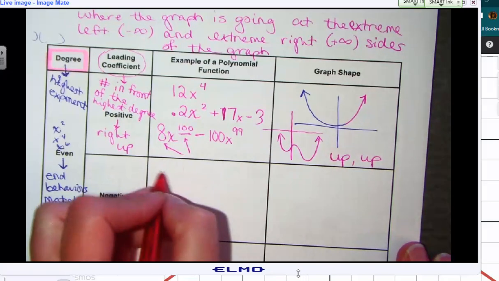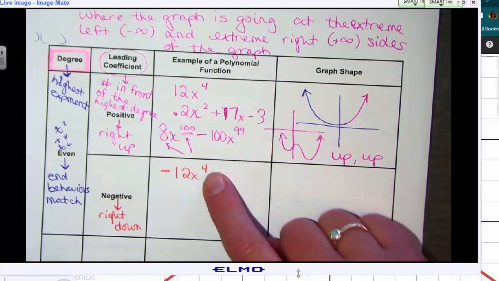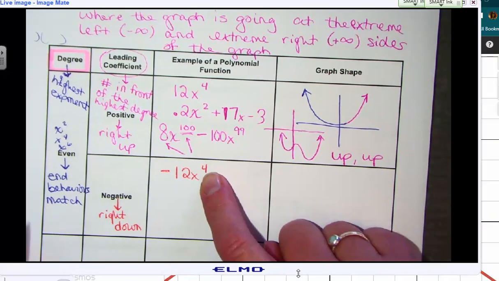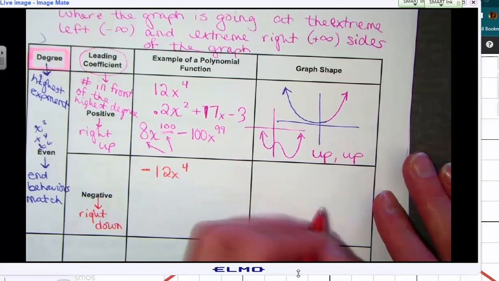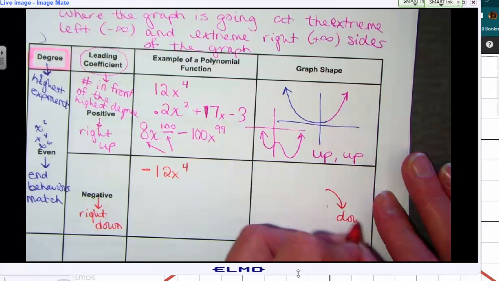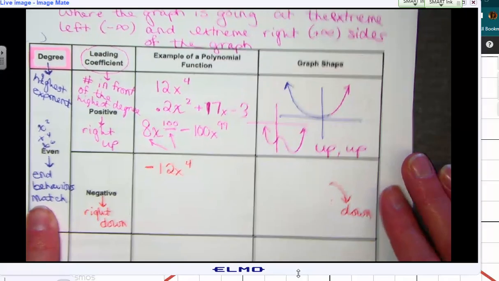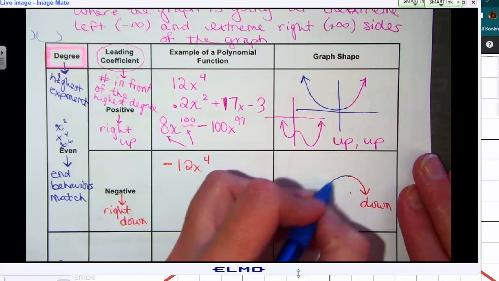So as soon as we have something like a negative 12x to the fourth, still an even degree, so it still has matching end behaviors. But that negative tells us that the right side is down. Our end behaviors still match because it's even, which means my left side is also down.